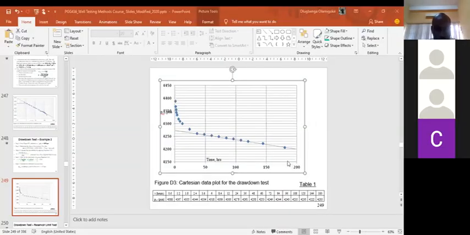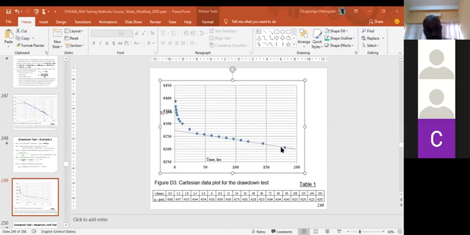Now, this is a Cartesian plot. Interestingly, on the Cartesian plot, this straight line portion is referring to pseudo-steady state flow. Remember that for pseudo-steady state flow, the dP/dt is constant.